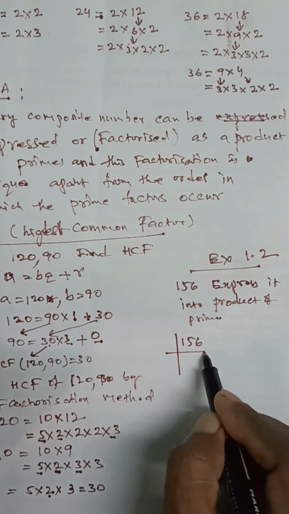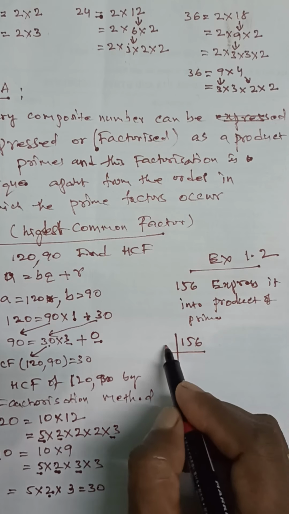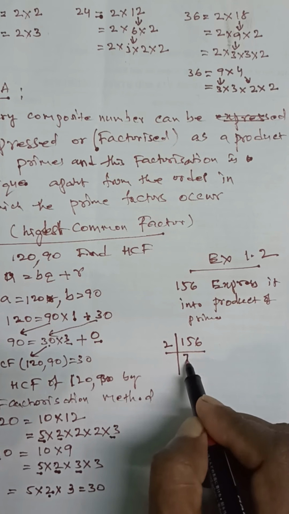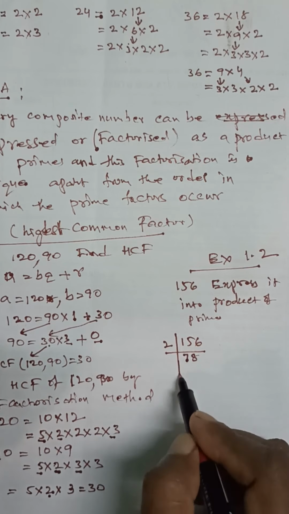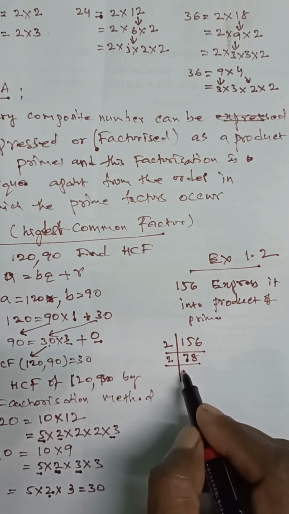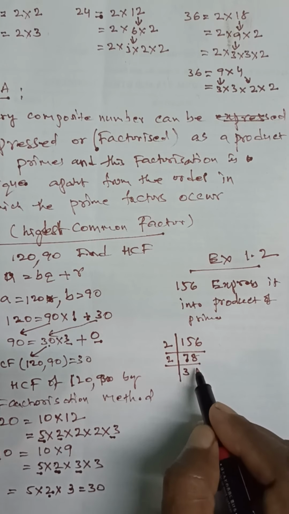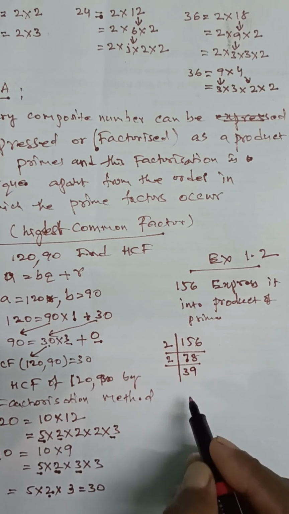Here the last digit is 6, so it is divisible by 2. 2 sevens are 14, remainder is 1, 2 eights are 16. Again we can divide this by 2. 2 threes are 6, remainder is 1, 18, 2 nines are 18.